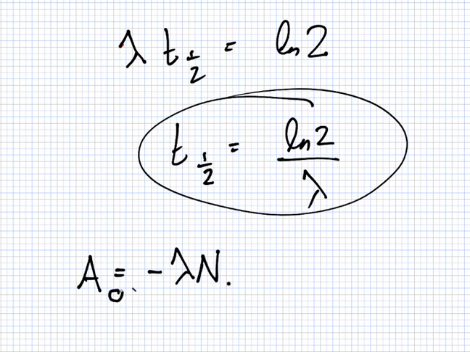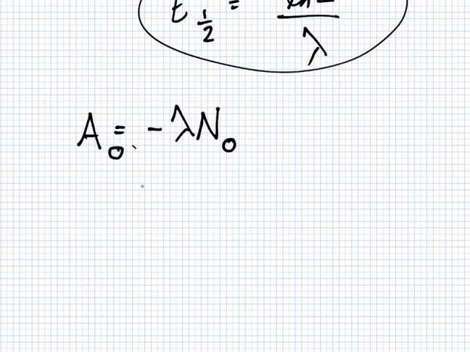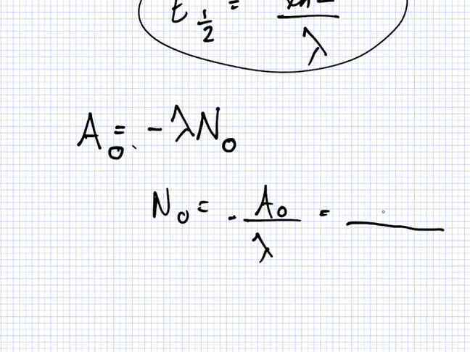So A0 is equal to minus lambda n0. So if I want n0, that equals A0 over minus lambda. But anyways, the minus and the minuses here cancel. So really it's just the A0. What's A0 here? I think it was 10, was it? And the lambda is 0.173. So what do we get here?